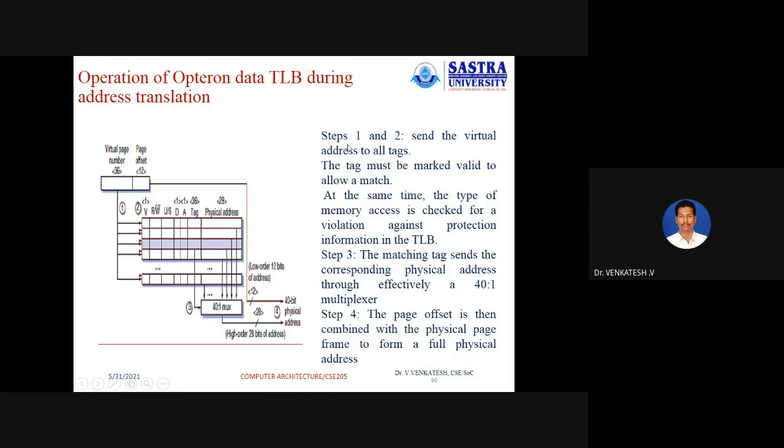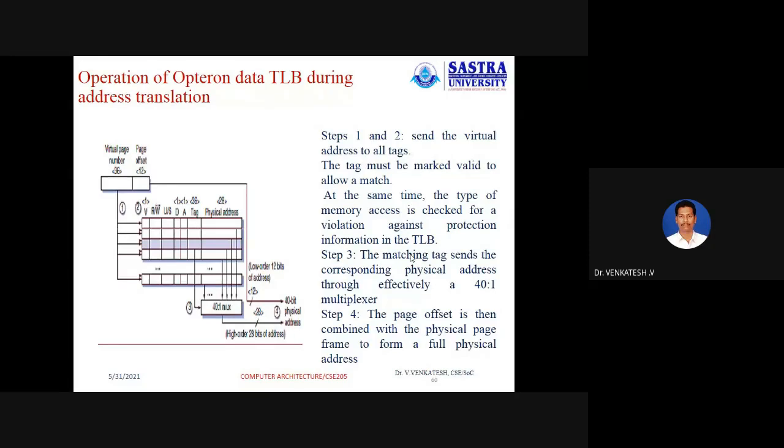In step 1 and step 2, we send the virtual address to all the tags. The tag that is valid is allowed to match. At the same time, the memory access is checked for violation against protection information in the TLB. There should not be any violation, which means only the repeated block alone we need.